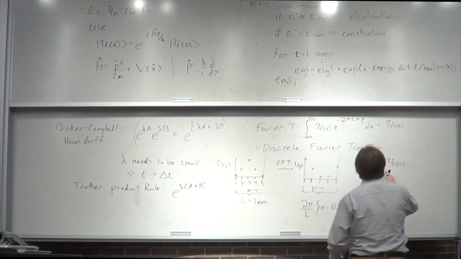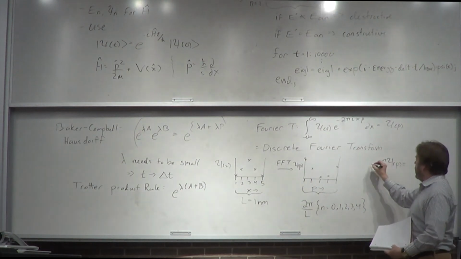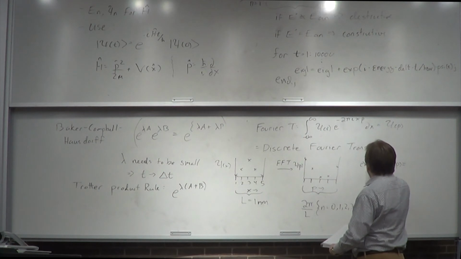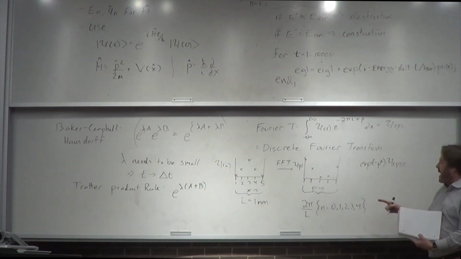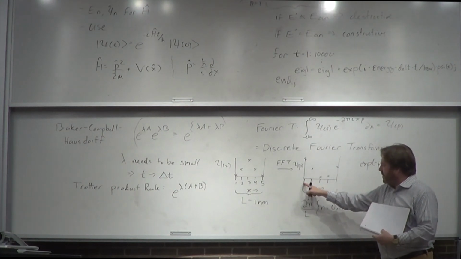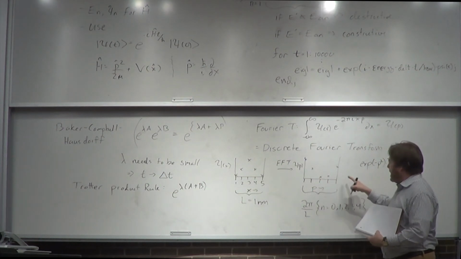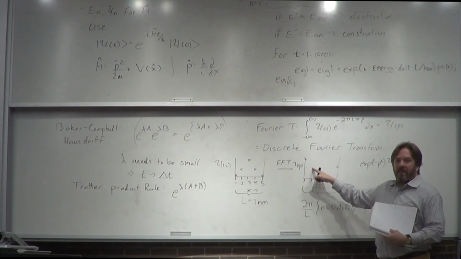So if you're going to evaluate the momentum operator times the wave function in momentum space, or better yet, exp of minus i p squared over 4m times delta t over h bar, it's just that: 0, that's 2 pi over L, exp of minus that number squared times that value of the wave function.